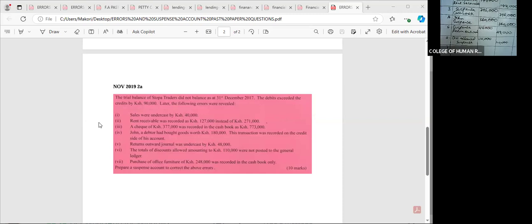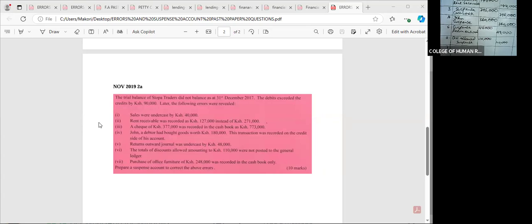So when you buy office furniture, either by check or by cash, you should debit the office furniture, you should credit the cash book. Remember, cash book is cash and bank, and we normally credit the cash book whenever we make payments. The credit side of the cash book is when we make the payment. So we are paying for the office furniture. We debit the asset that we have acquired, we credit the cash or bank, which is the cash book.